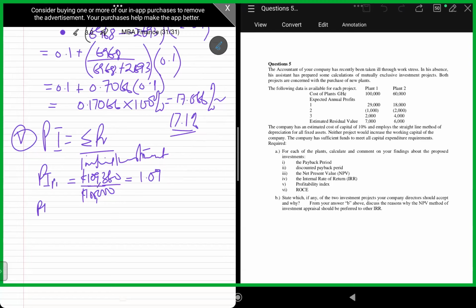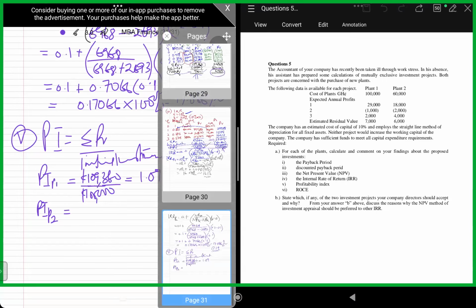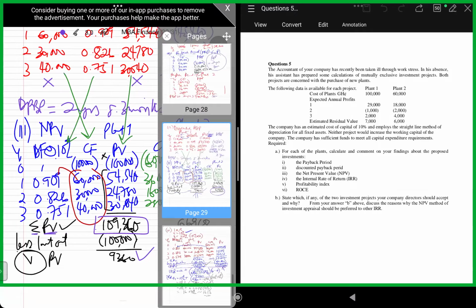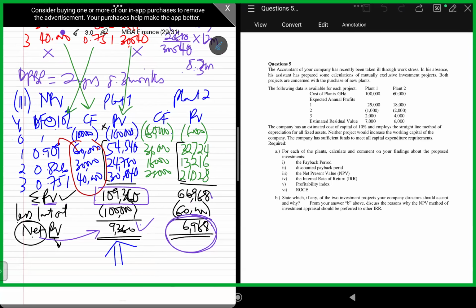Then we go to the profitability index for plant two. What is the total present value for plant two? What did we have? 66,968.